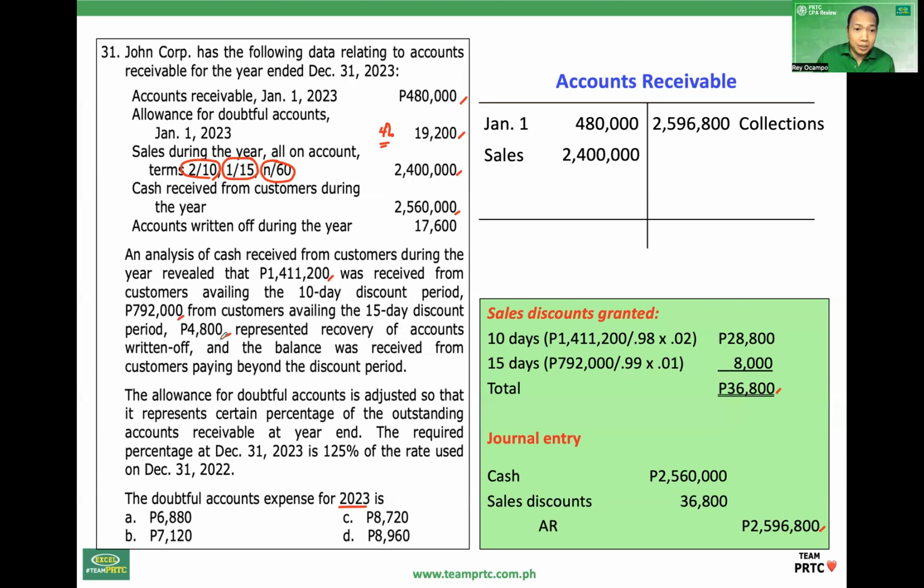And in relation to the accounts written off, then recovered, this will require 2 entries. So ano nga yung first entry? Debit accounts receivable, credit allowance. So debit AR to re-establish the account. So lagay mo doon sa allowance, 48. Then yung second entry, debit cash, credit AR.